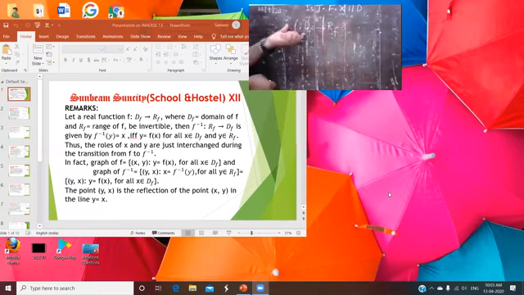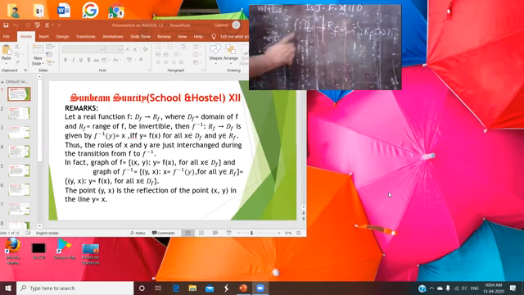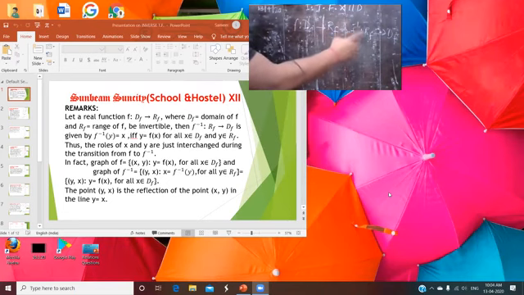If that function f is invertible, then f inverse is a function from the range of f to the domain of f.